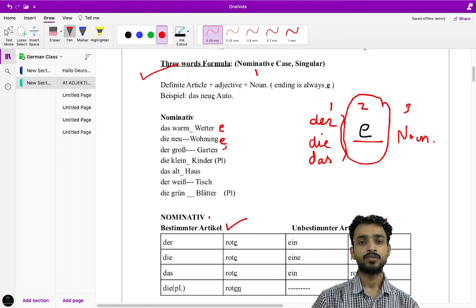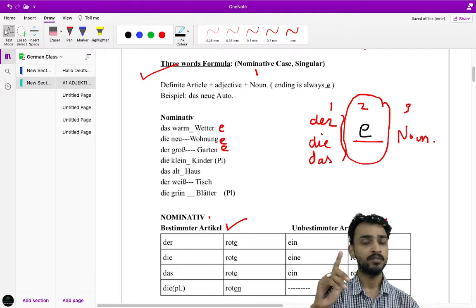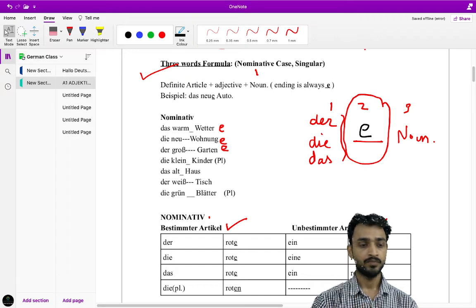der große. So if we have these three words together in a sentence in this form, the article should be der, die or das. I am talking about only these three articles. Only then will it be applicable. Without that, it will not be applicable.